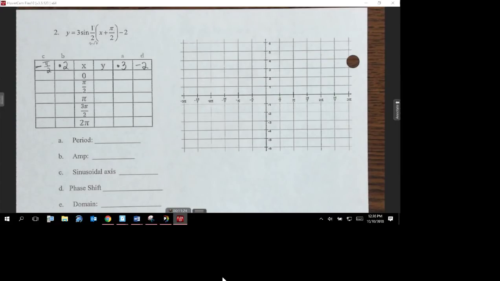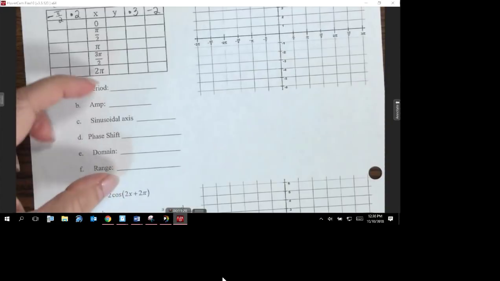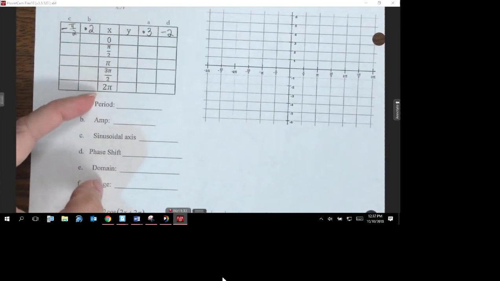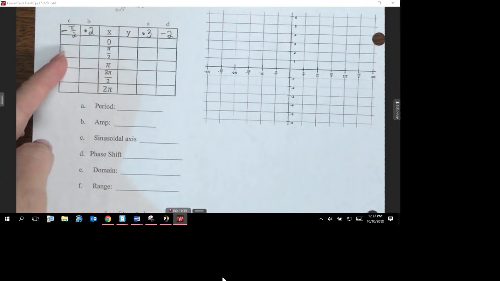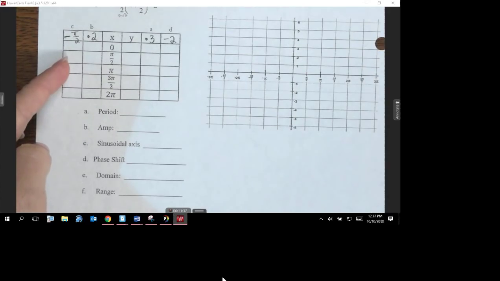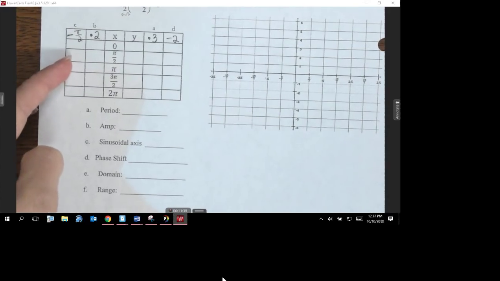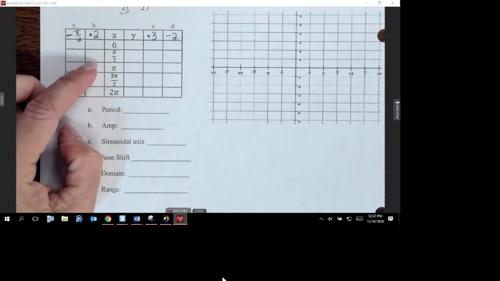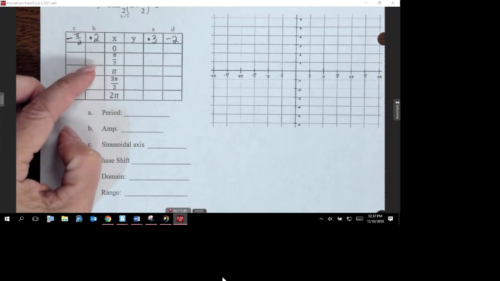I would like to fly through this one kind of and just talk about this information and then do the last one all the way. Because a lot of this information we could do without even filling out the table. And when you do have a quiz or a test someday on this, there's going to be some questions that I just ask for, what's the period? And you don't have to graph the whole thing to figure that out.